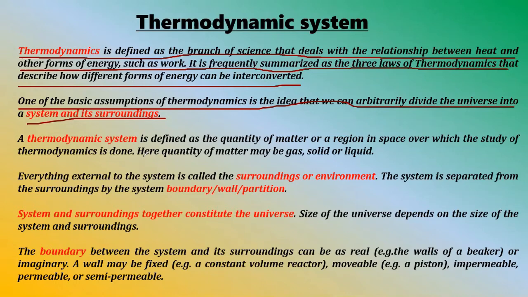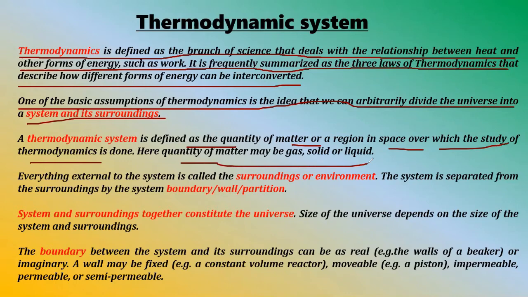As you know, a thermodynamic system is defined as the quantity of matter or region in space in which the study of thermodynamics is done. Here the quantity of matter may be gas, liquid or solid. Basically, a system is something which is actually under observation or study.